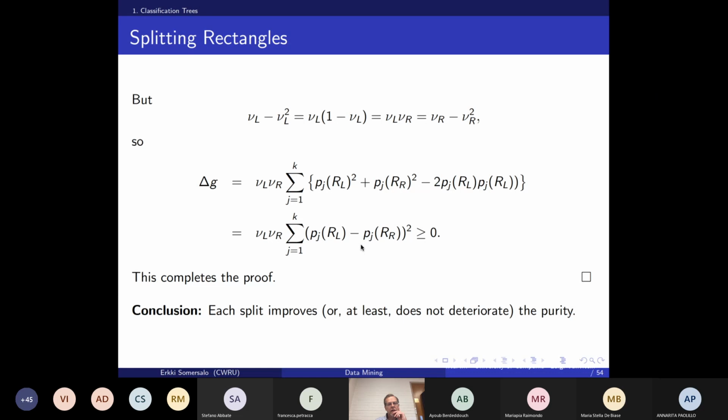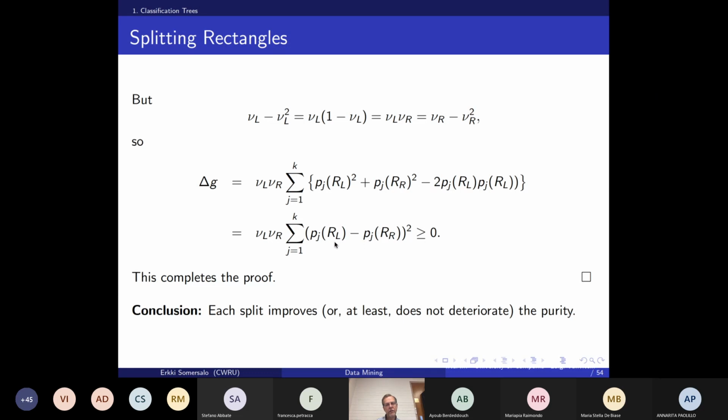So now we can actually see when the Gini index does not change. When delta G is 0, it is exactly when you split your rectangle in such a way that the proportion of points in different classes on the left and the right remains unchanged, so that Pj on the right and Pj on the left are the same.